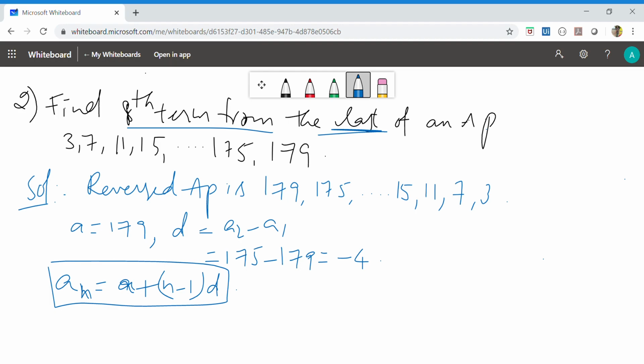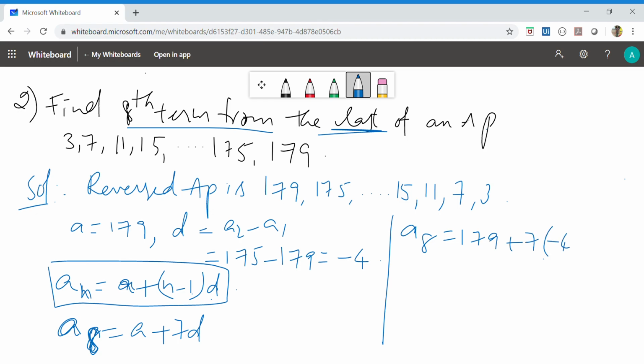So what you have to find out now? Eighth term. The eighth term is indicated by A8. So A8 is equal to A plus 8 minus 1 of D, which becomes A plus 7D. A8 is equal to A, which is 179, plus 7 of D, which is minus 4.